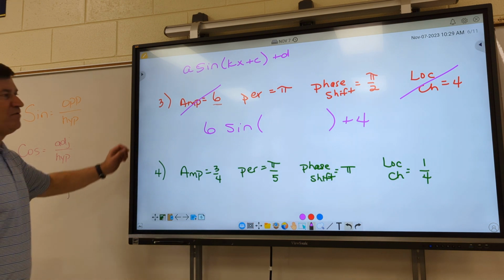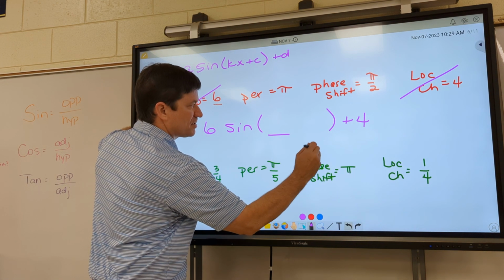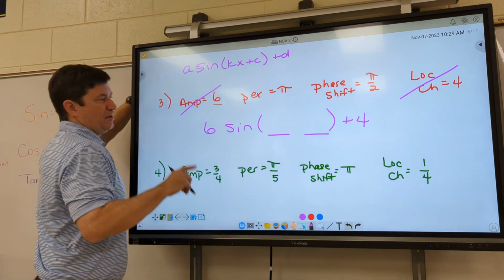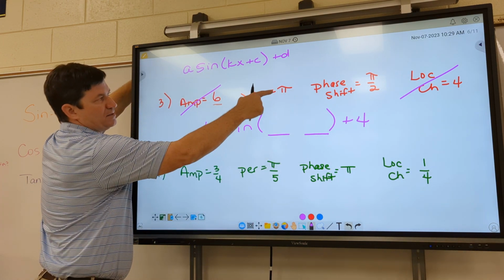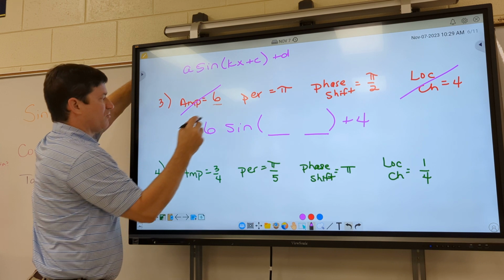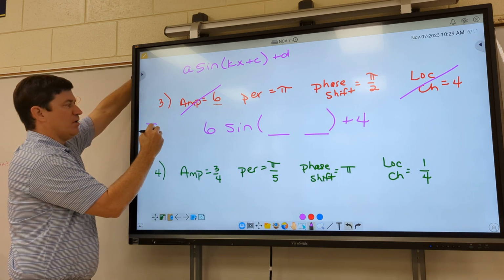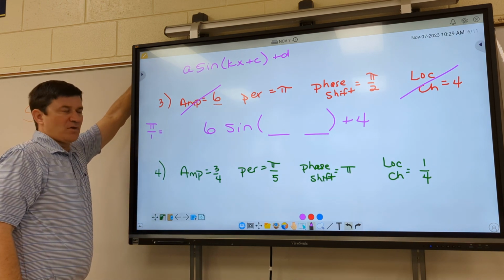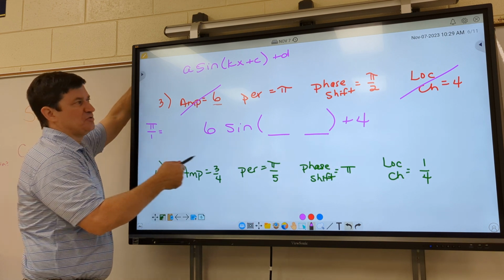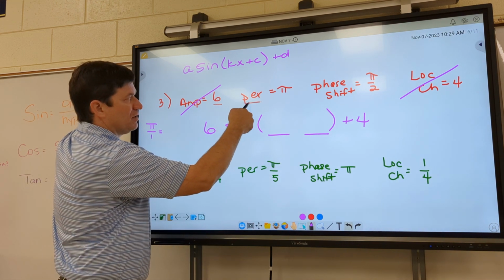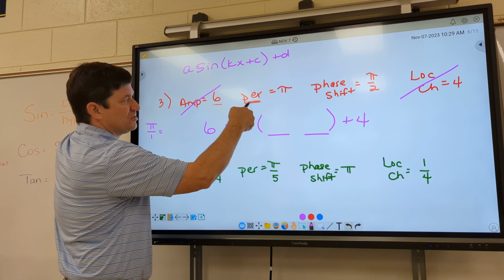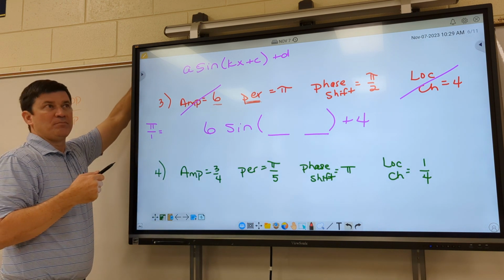All right, now we've got to find a number that goes here, Ashlyn, and a number that goes here. Here's how you do it. Take this number right here, which is pi over 1. Write it down, pi over 1. And we've got to set that equal to, since that's the period that we used, we got to use the formula for period.